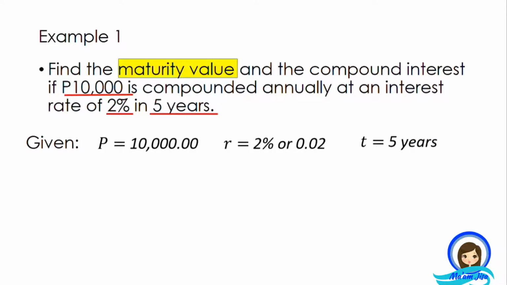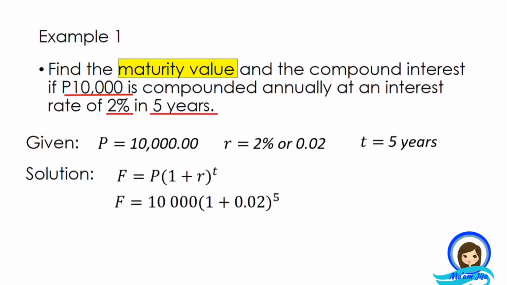Using our formula, we have this. Then substituting the given values to our formula, we have this line. Next step is to add first 1 and 0.02 before raising it to an exponent of 5. So 1.02 raised to an exponent of 5 is 1.04080803.